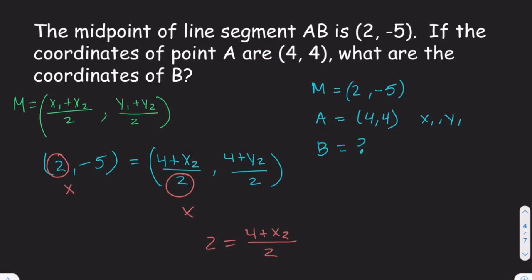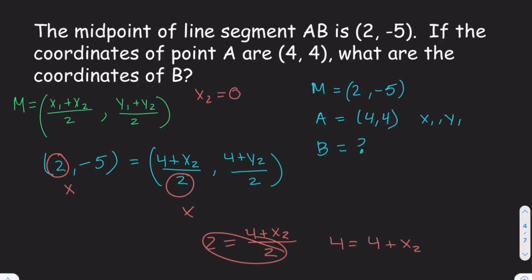So we would multiply, and it would be 4 equals 4 plus x2. So 4 plus what equals 4, and that is obviously 0. So x2 equals 0.